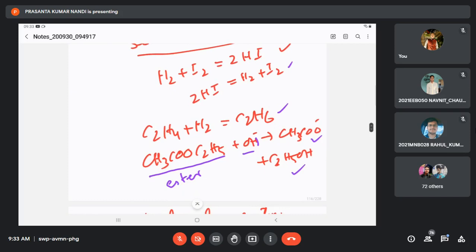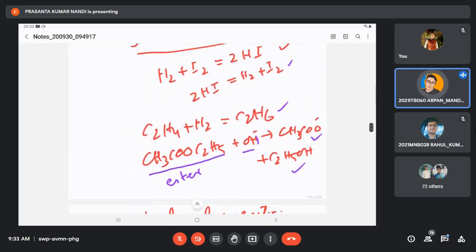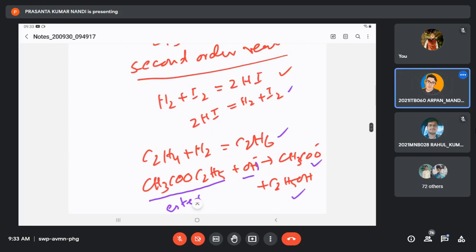Sir, hydrolysis of ester sometimes was known as pseudo first order. Yes, that you are right. What is pseudo first order? That means if you take one of the components in large excess, that will be constant.